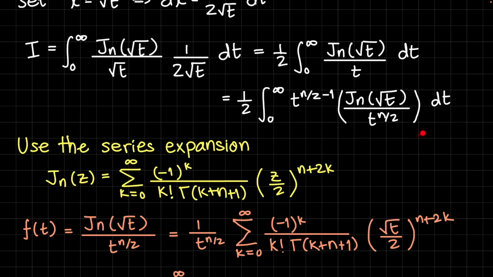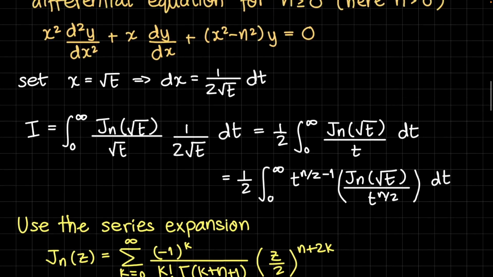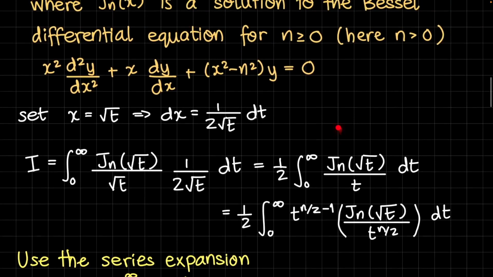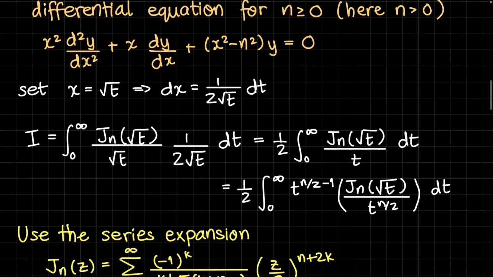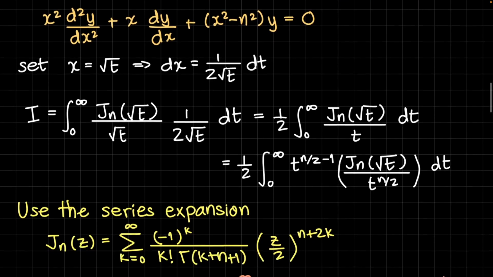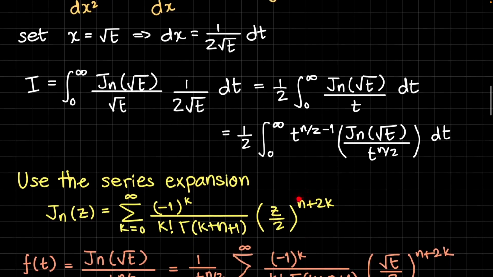Now, we can use the series expansion for the Bessel function. You can derive this series expansion by using the Frobenius method, an ansatz series solution to this differential equation, and look for termination conditions and indicial and recurrence equations to actually figure out the form.